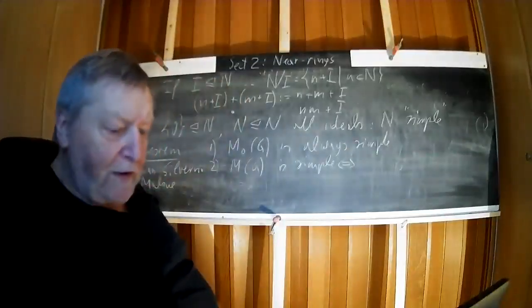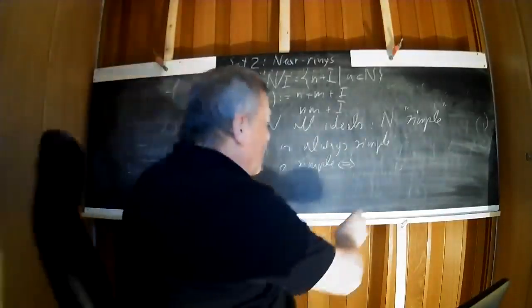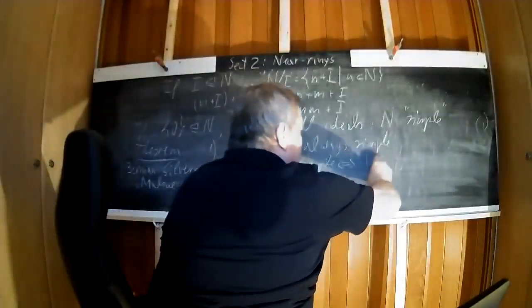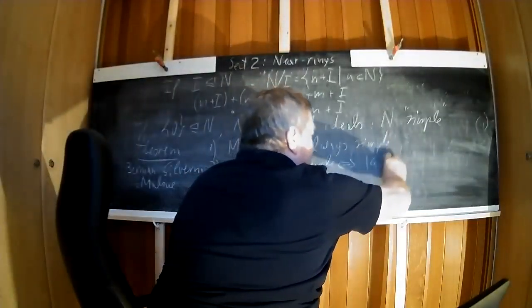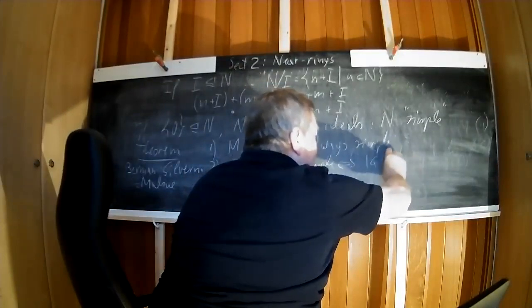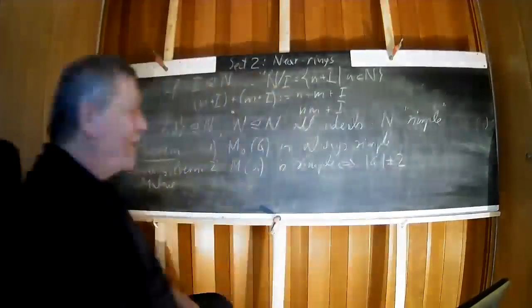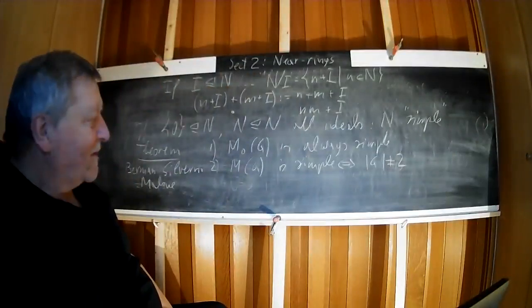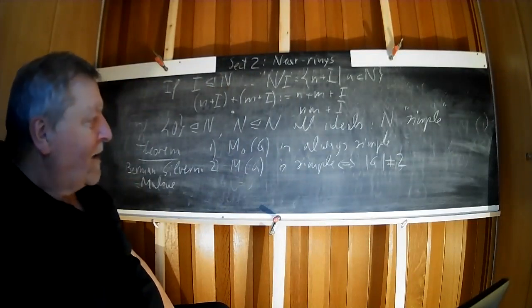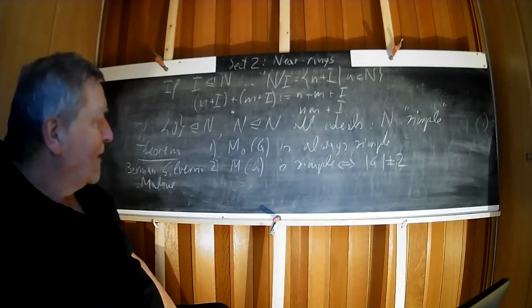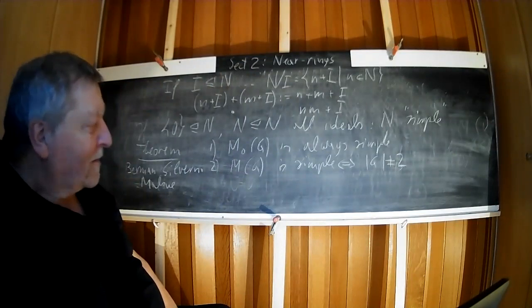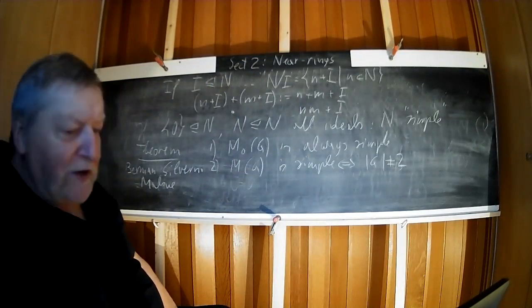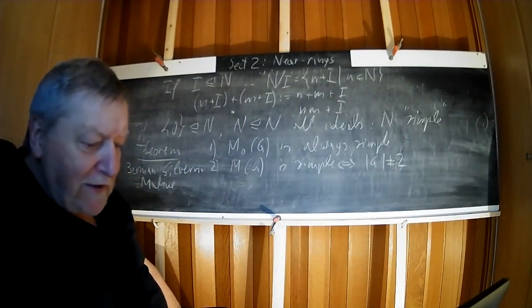This is simple if and only if the group G does not have exactly two elements. So except in one occasion, when G is the two-element group, it's not simple, but in the case of all other groups, also M of G is simple.